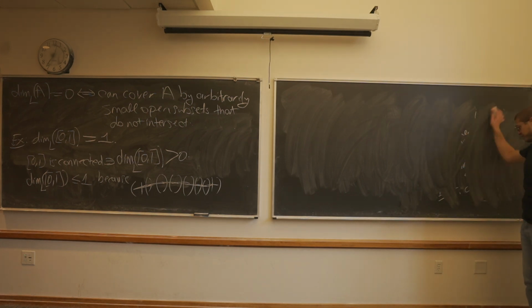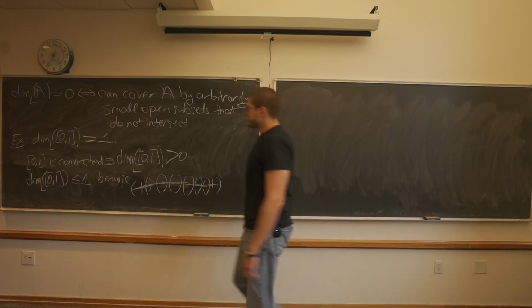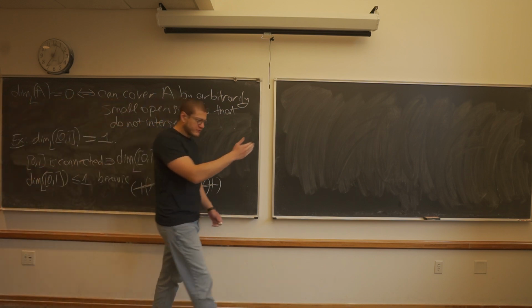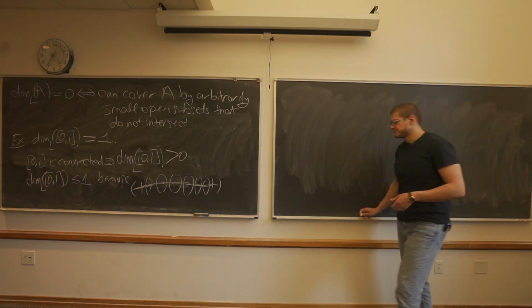So perhaps before that I should give an exercise. Namely that Lebesgue covering dimension is a homeomorphism invariant. That is to say, if I have two metric spaces, and if there's a homeomorphism from one to the other one, then they have to have the same Lebesgue covering dimension.